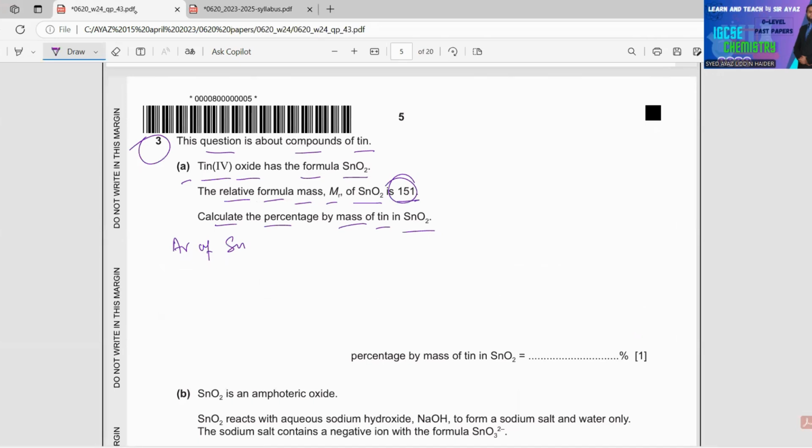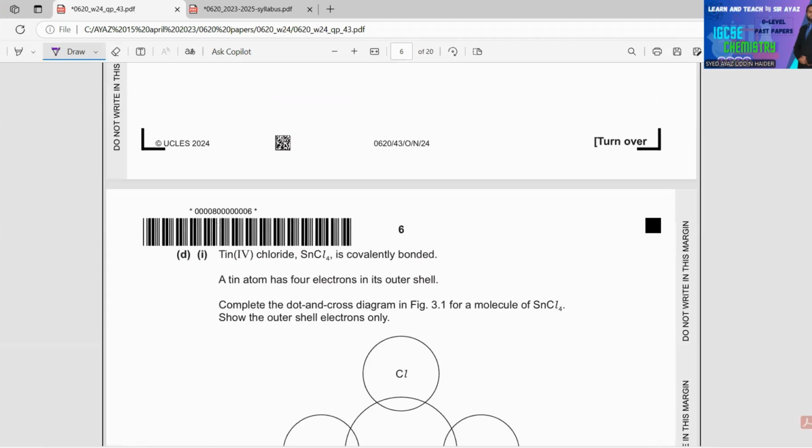So for percentage, we'll multiply 119 by 100 and divide it by relative formula mass Mr, which is 151. The answer will be 78.8%. This will be the final answer.